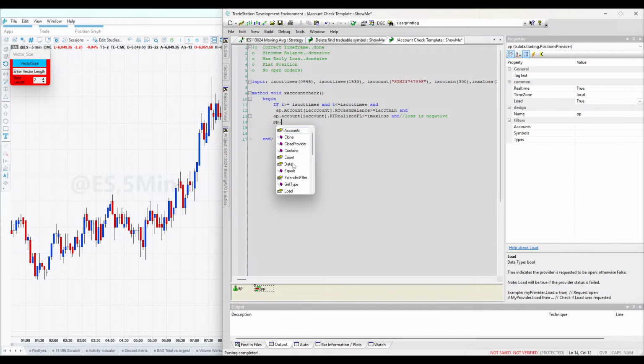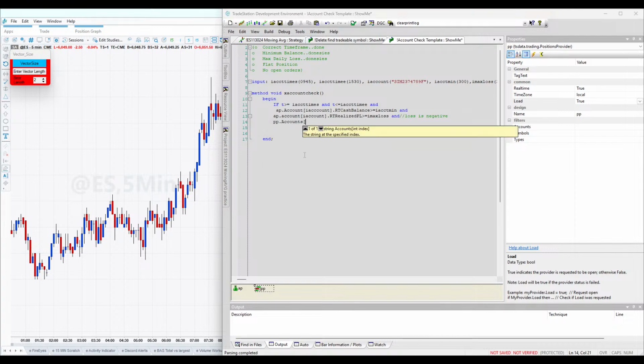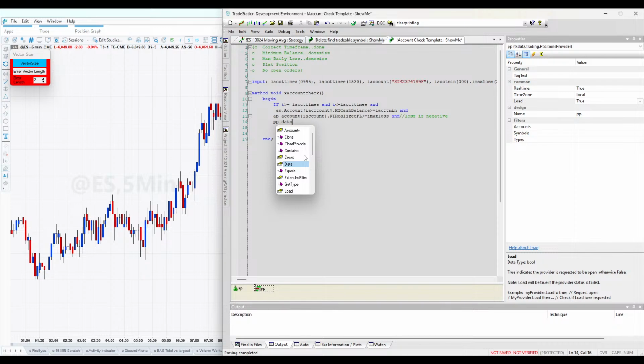And I think here, instead of using account, we'll use data. I'll tell you what, we'll use account. Positions provider dot accounts. String accounts. Index the string. Okay, so this is just going to give us the account name. Pretty sure I thought it was data.